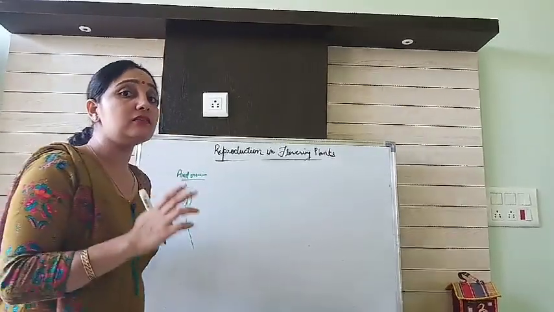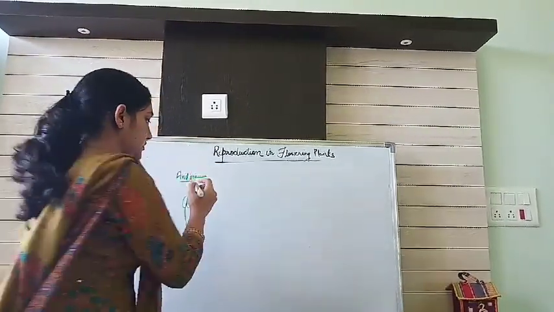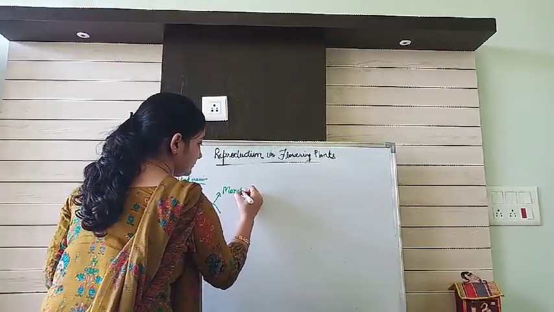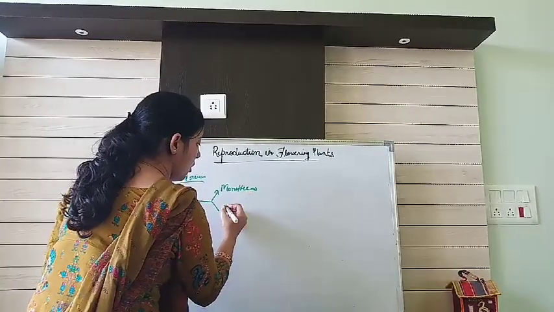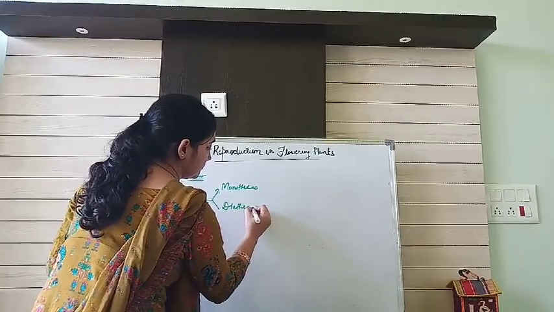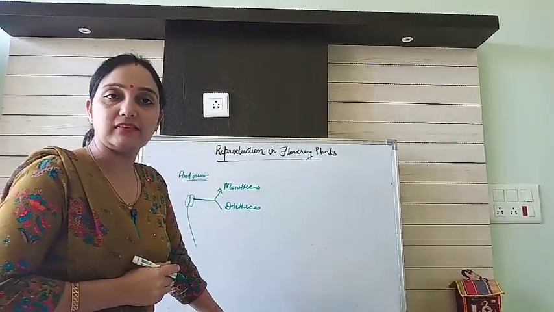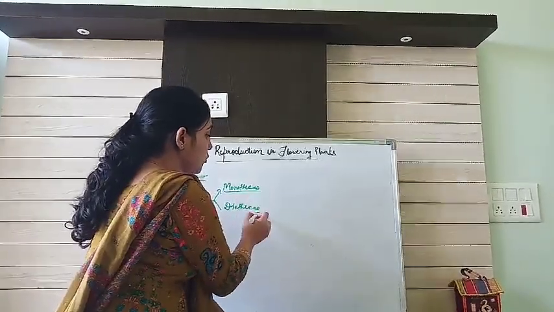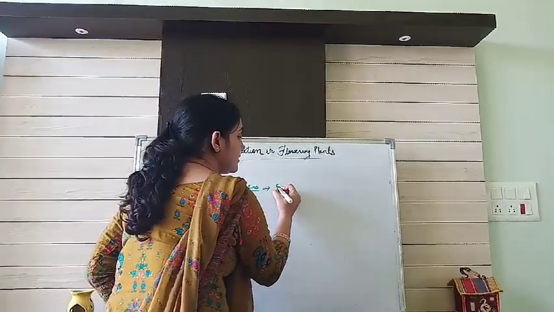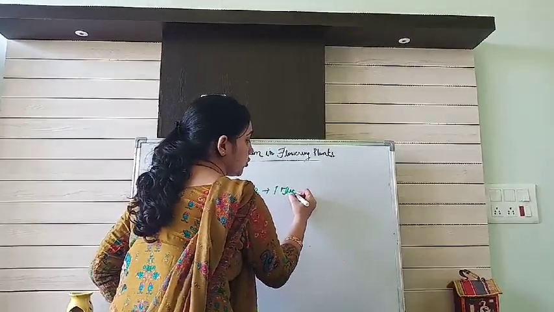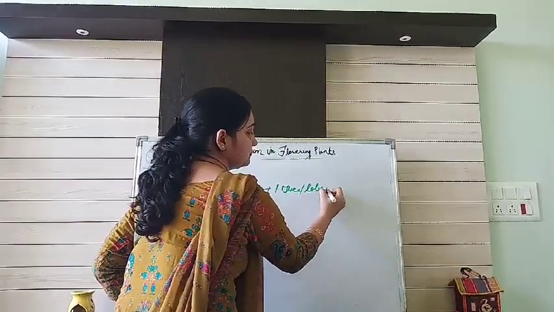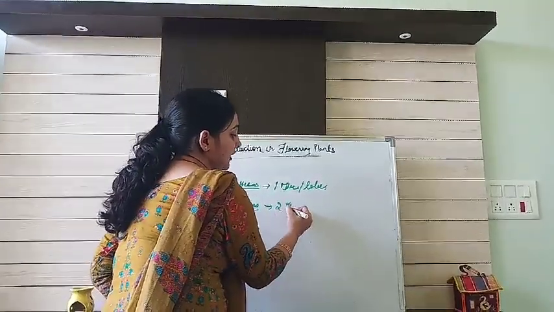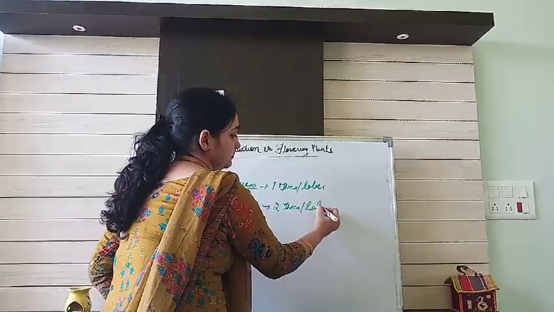Anther is of two types. Anther may be monothecous or dithecous. There are two categories of anthers in angiosperms. The first category, monothecous, means it has a single theca, or lobe. Dithecous means it has two thecae or lobes.